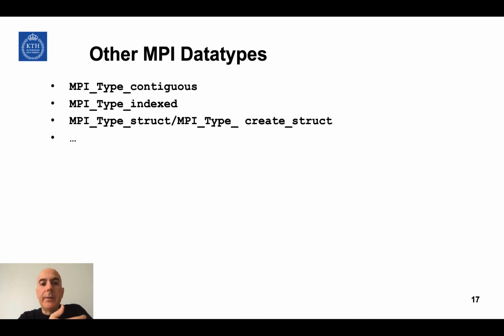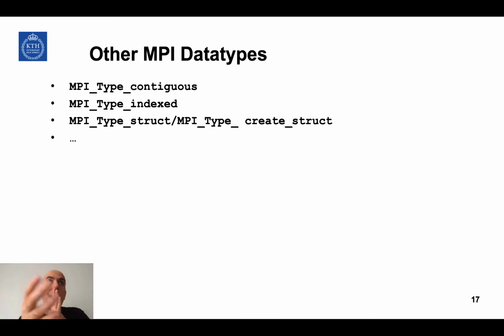I just covered the MPI vector data type to give access to strided data. There are other MPI data types that we can construct, for instance MPI_Type_contiguous, MPI_Type_indexed, and MPI_Type_create_struct for creating a structure to be sent.